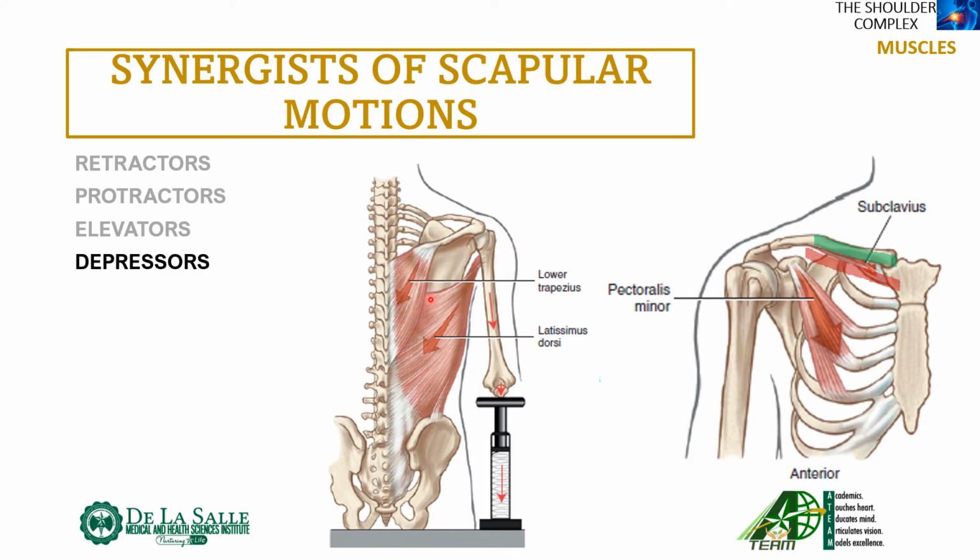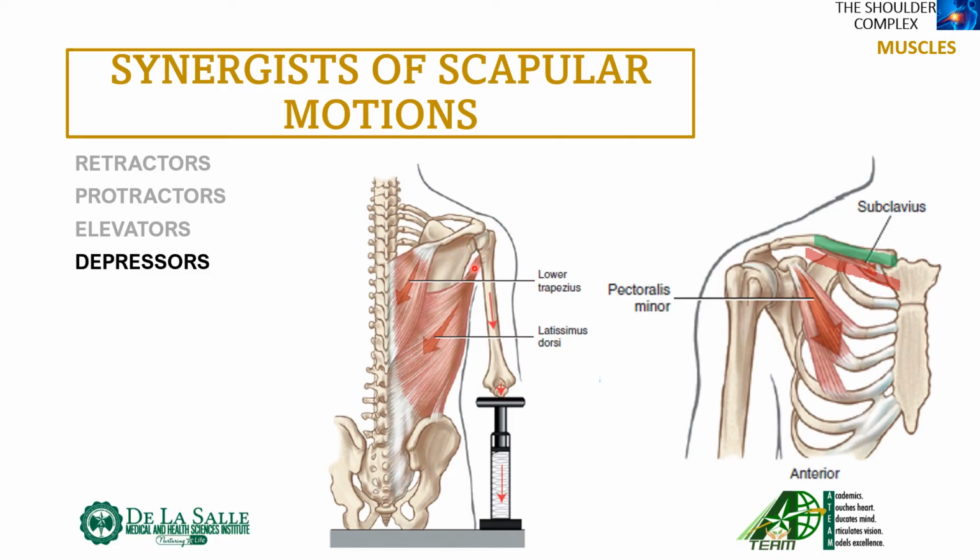Both act directly on the scapula as depressors. Then lastly, your latissimus dorsi, just like your subclavius, acts indirectly as a depressor of the scapula. It depresses the scapula of the scapulothoracic joint primarily by pulling the humerus inferiorly.